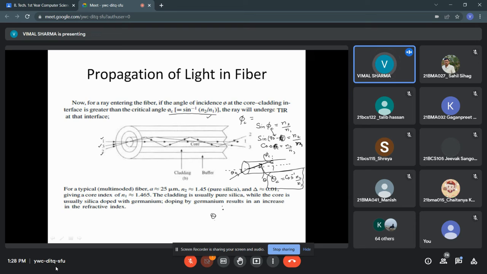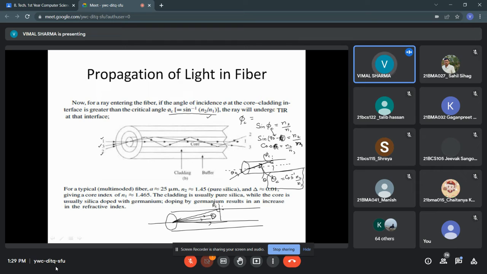So this means that theta varies. Let me draw different rays. This is the ray which moves along the axis. This is at a slightly bigger angle. This fulfills the condition of total internal reflection. I have another ray, which also fulfills total internal reflection. And this is the ray which is incident here at phi c.